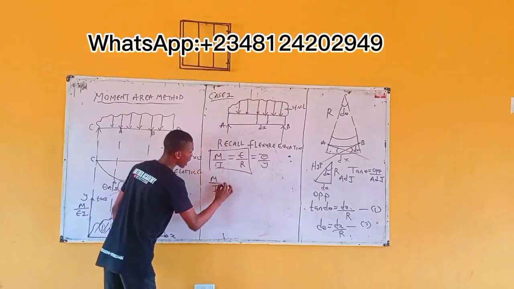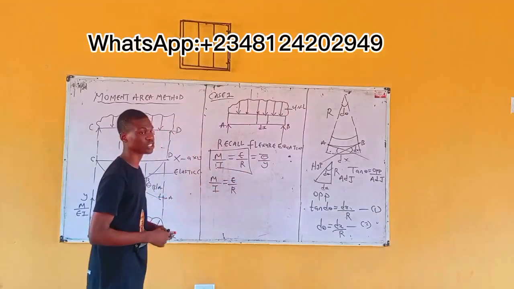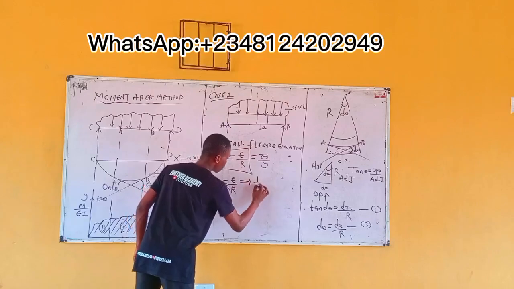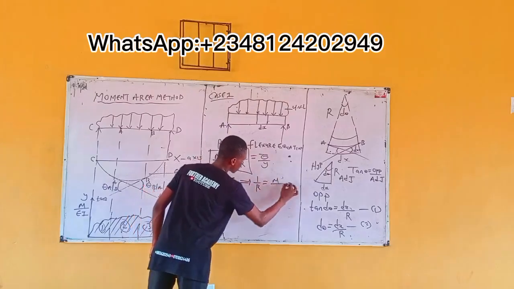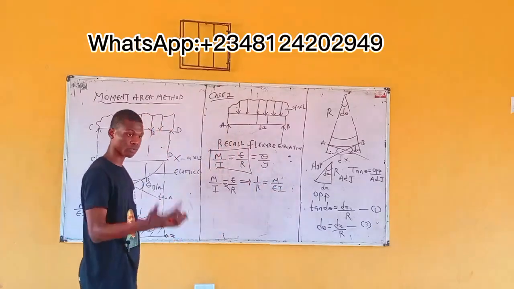Using M over I equals E over R, make 1 over R the subject of the formula. It implies that 1 over R is equal to what? M over EI.